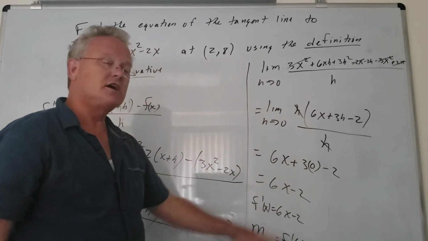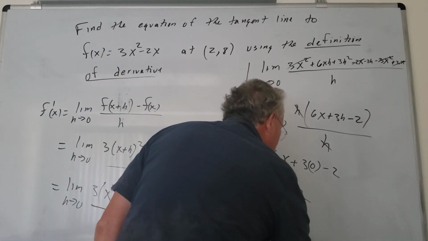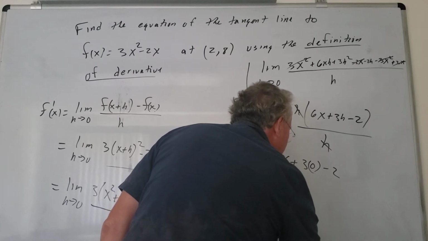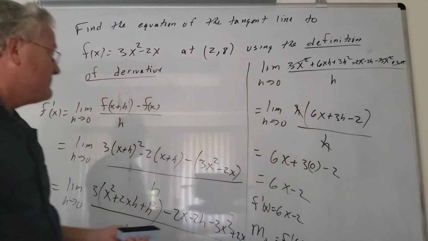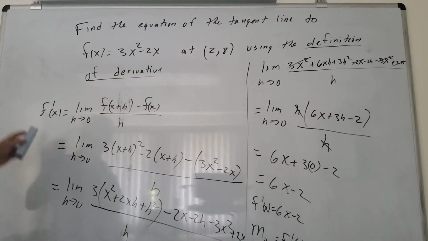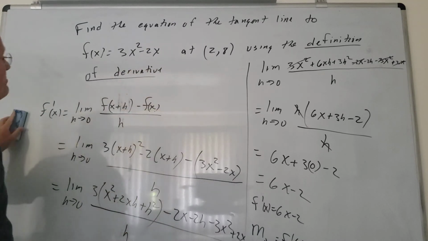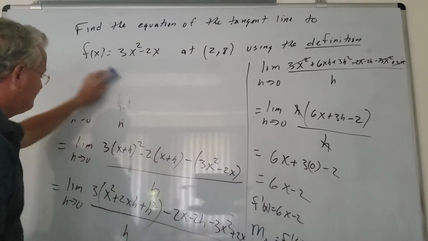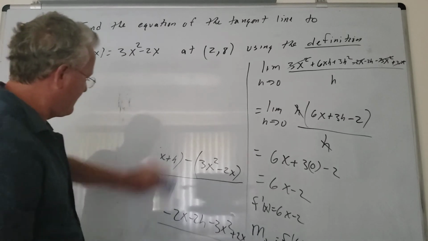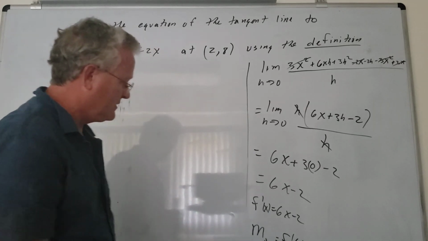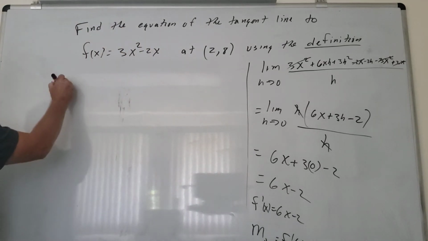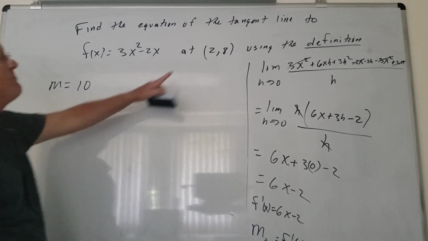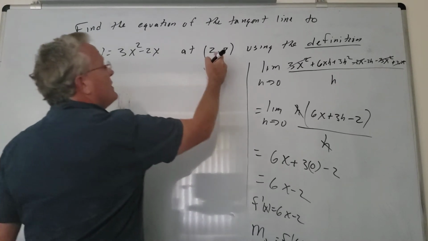We get 6 times 2 minus 2, or 12 minus 2, which is 10. So now that we know the slope is 10, and we're also given a point, the point (2, 8).